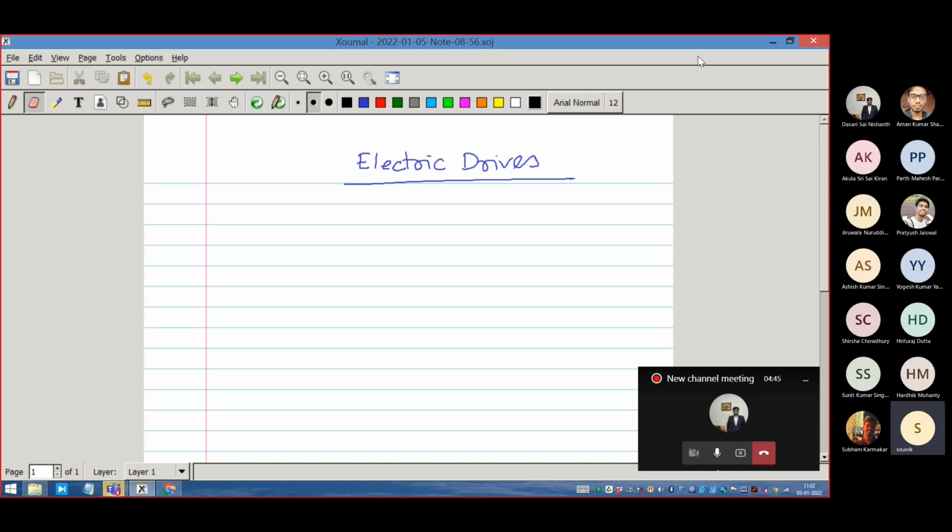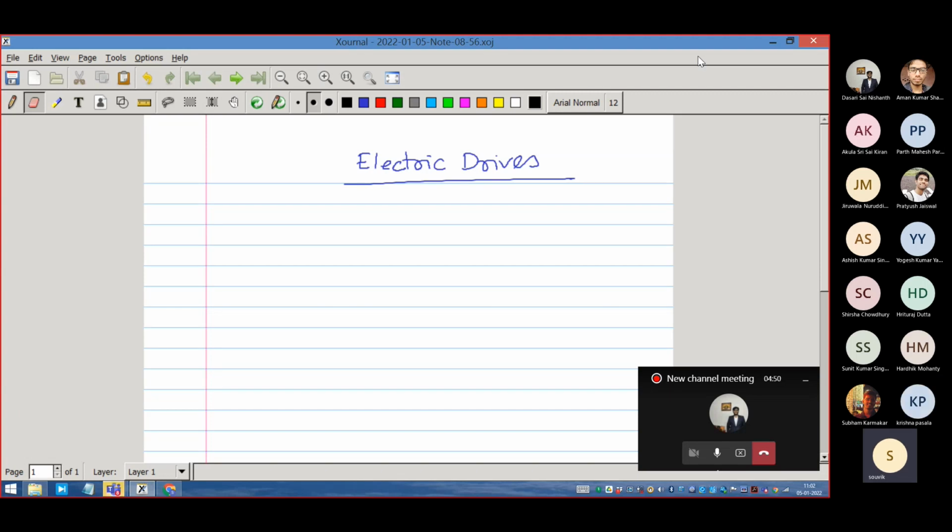We already have a substantial idea of this when you have studied electrical machines, because a machine is nothing but an electromechanical energy converter. Electrical energy in, mechanical energy out, or mechanical energy in, electrical energy out. That is what electrical machines do.